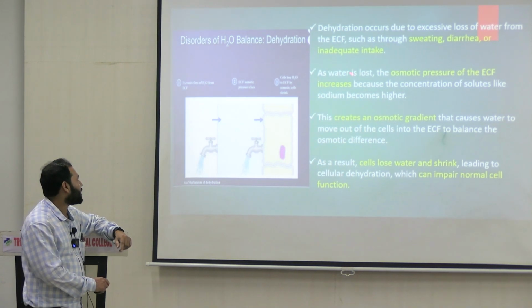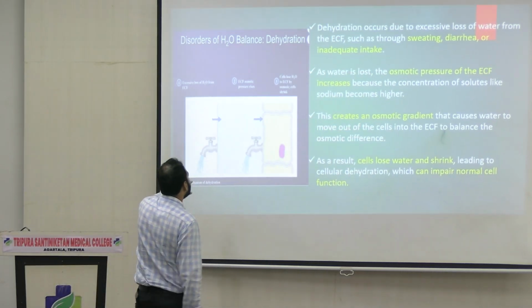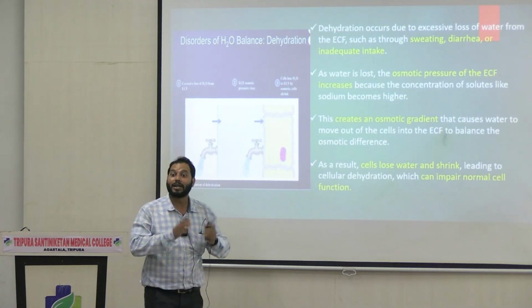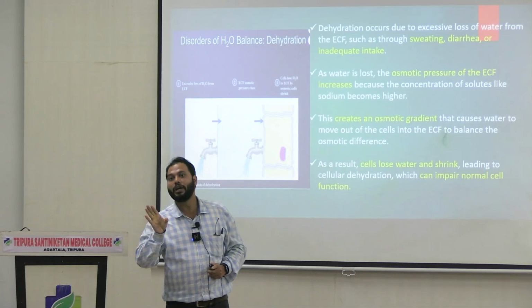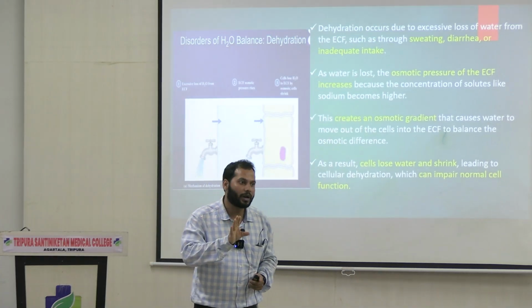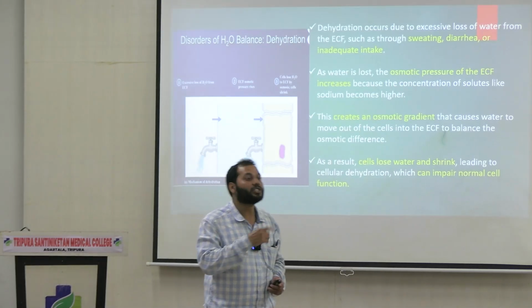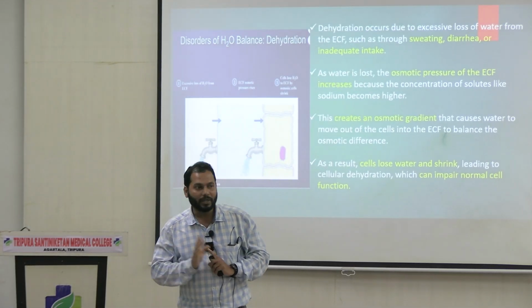Now, as you can see from this diagram, as water is lost from extracellular fluid, it affects the osmolarity of extracellular fluid, right? So the extracellular fluid will be more concentrated in comparison to the inside of the cell.